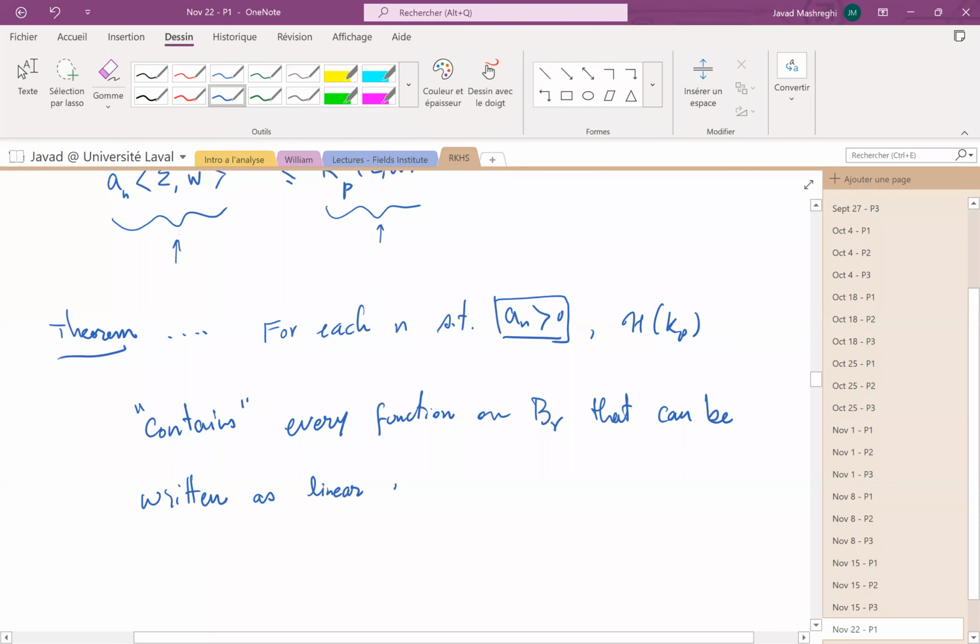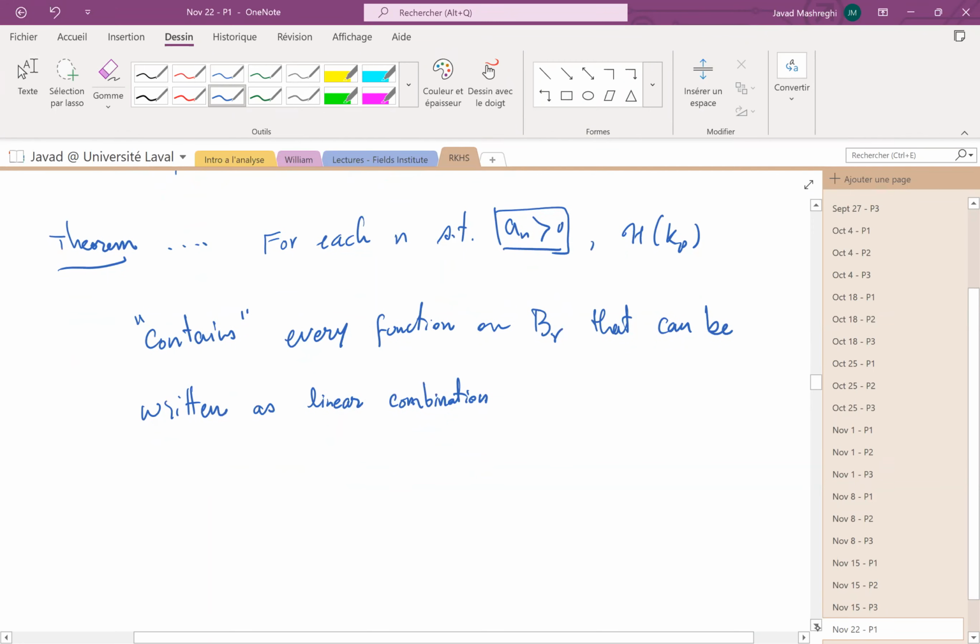a linear combination. Again, this part is trivial, linear combination, it's a space. The part which is non-trivial and is based on the previous proposition is this part. Combination of what?